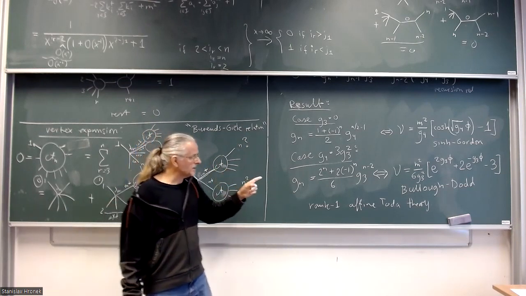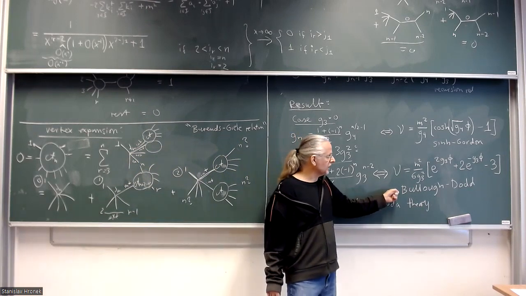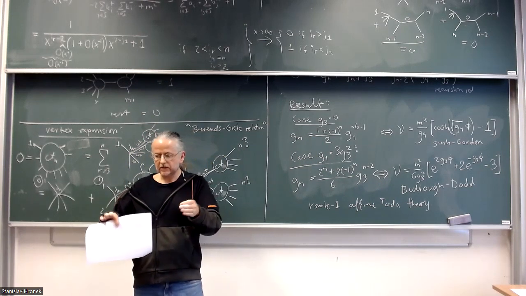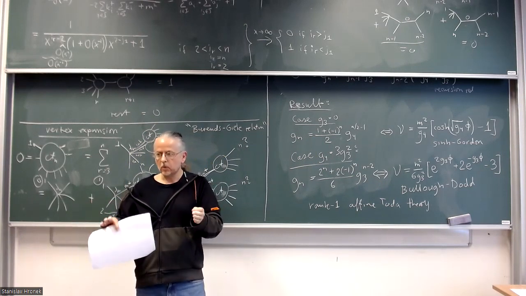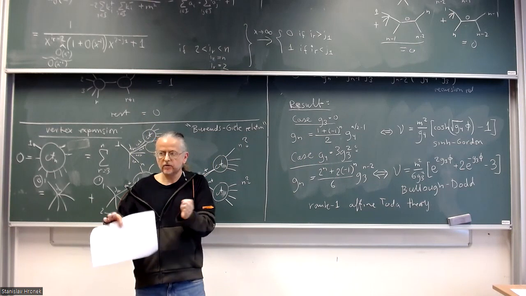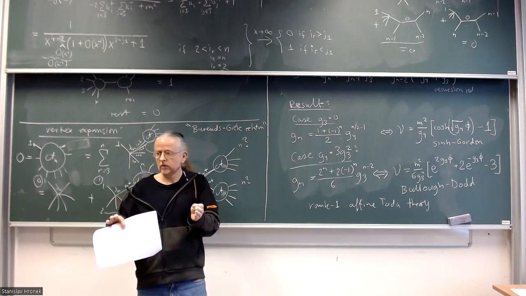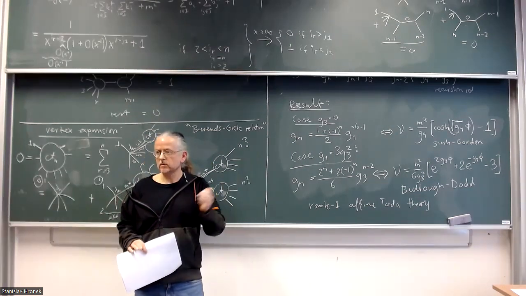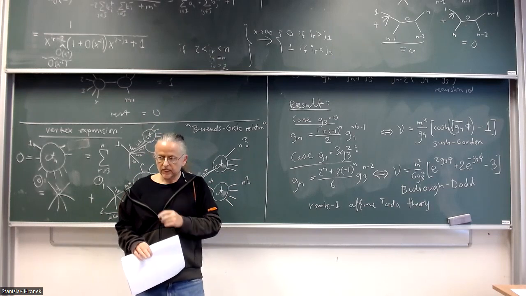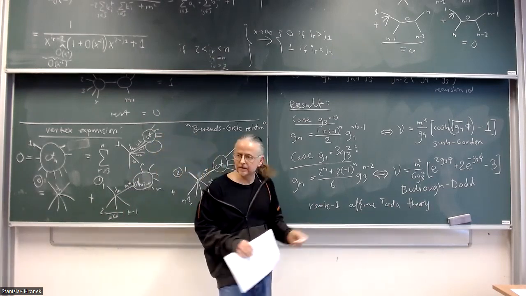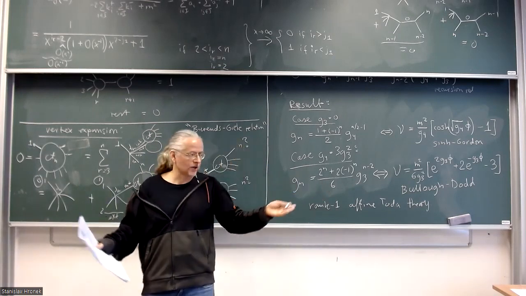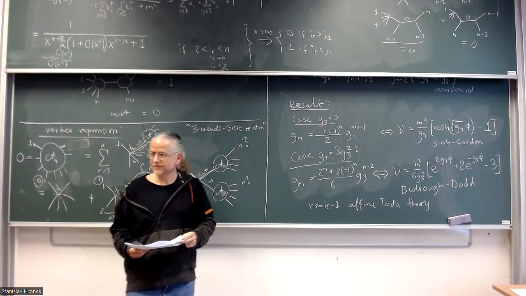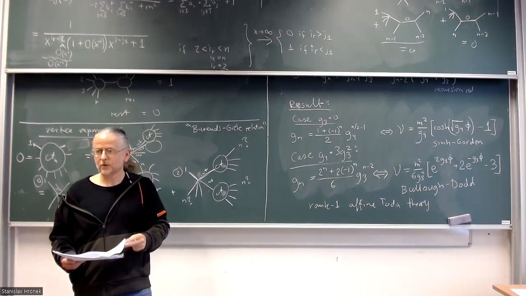But I read somewhere that this Bullough-Dodd model can be understood as some kind of reduction from, I think, a simply laced model. So it's some kind of folding from a higher rank theory where it's more natural. It's an interesting topic. There's a huge literature on that. So that's more or less what I wanted to say.